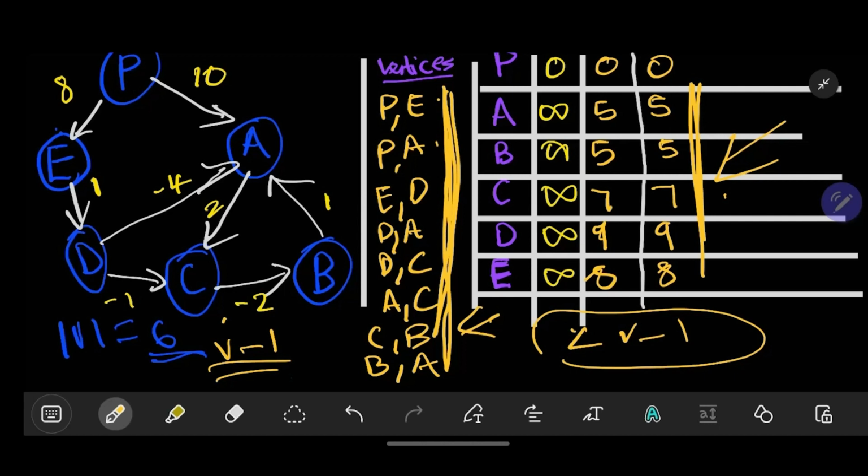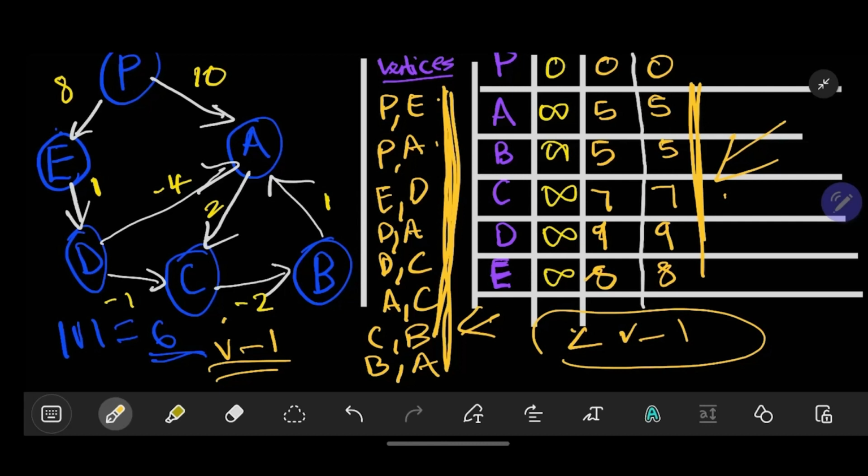If you are going more than V minus 1 iterations, like mentioned earlier, you probably have a repeated node or a cycle in your graph, which is an exceptional case. But if you are going beyond that, then you already know that you are doing something incorrect. So please stop at that point and have a look at what you've been doing.